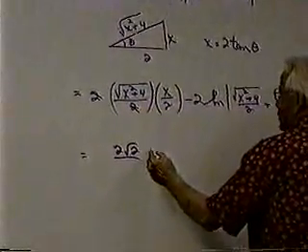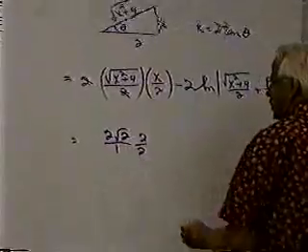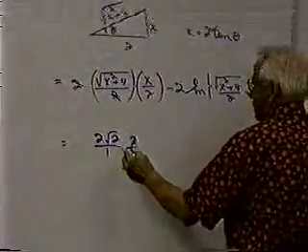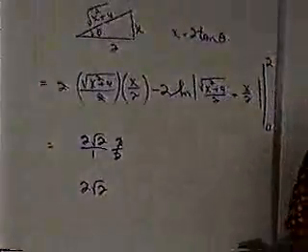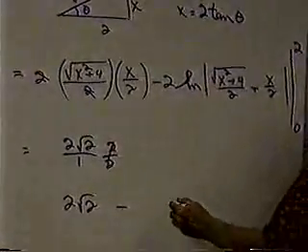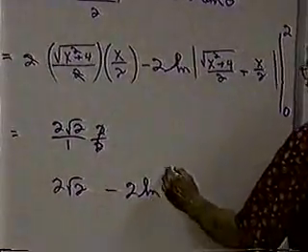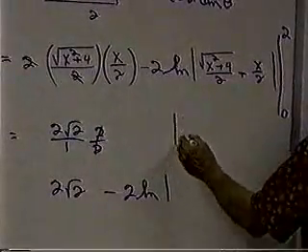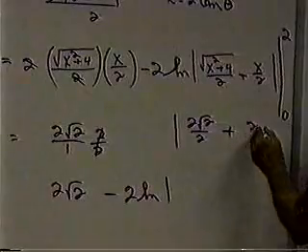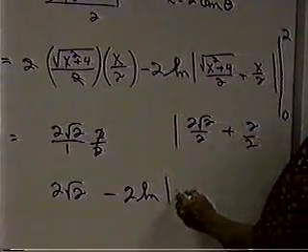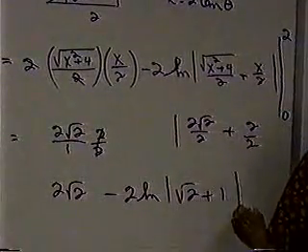And then x is 2 over 2. And so this ends up being 2 times the square root of 2, minus 2 times the log of. Now this would end up being 2 times the square root of 2 over 2 plus 2 over 2. So we end up with the square root of 2 plus 1.